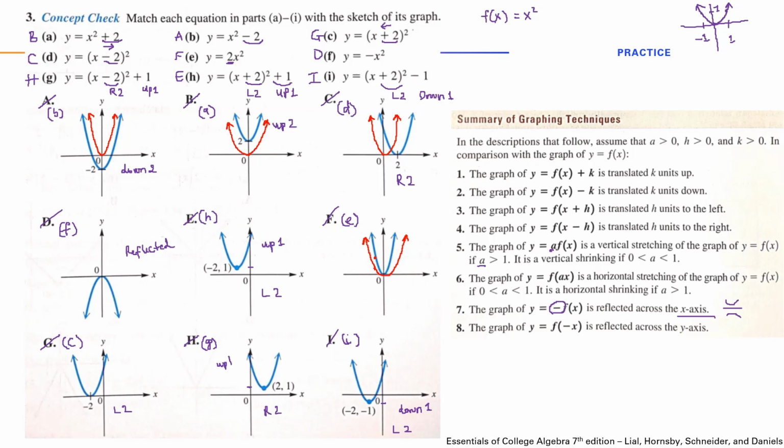So in our mind, we always remember the shape of the parent functions like that, and then move the parent functions in the directions of the changes of the functions. So the red one in this case is our parent function.